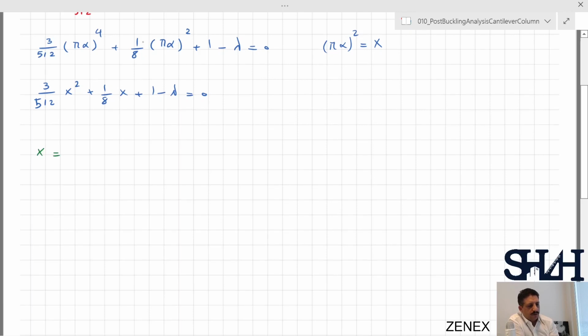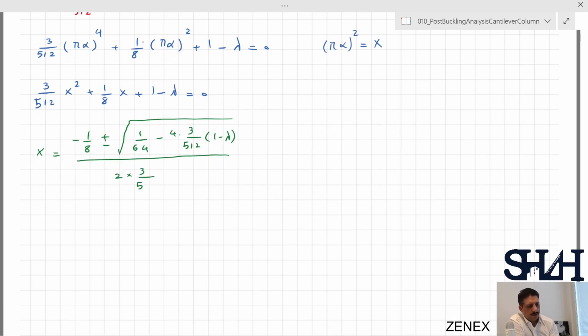So x will be minus 1 over 8 plus minus square root of 1 over 64 minus 4 times 3 over 512, 1 minus lambda, divided by 2 times 3 over 512.